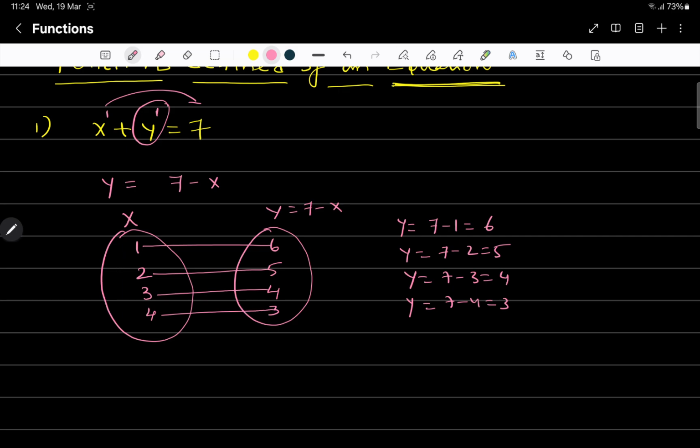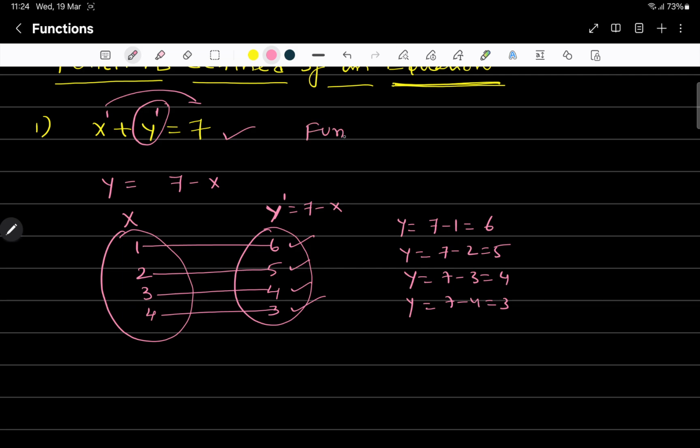See, for every input I have only one output. Why only one output? Because the degree of y is always 1. So for every input there is only one output, so this equation defines a function.